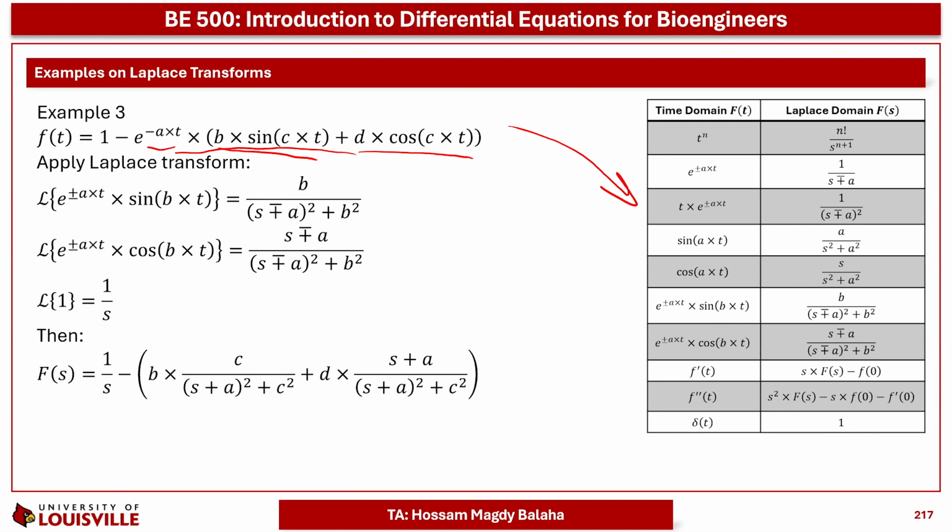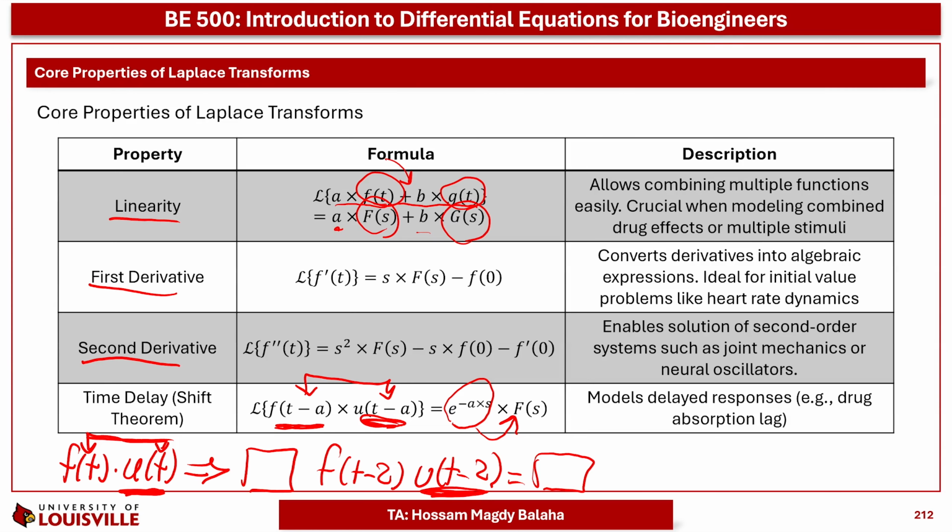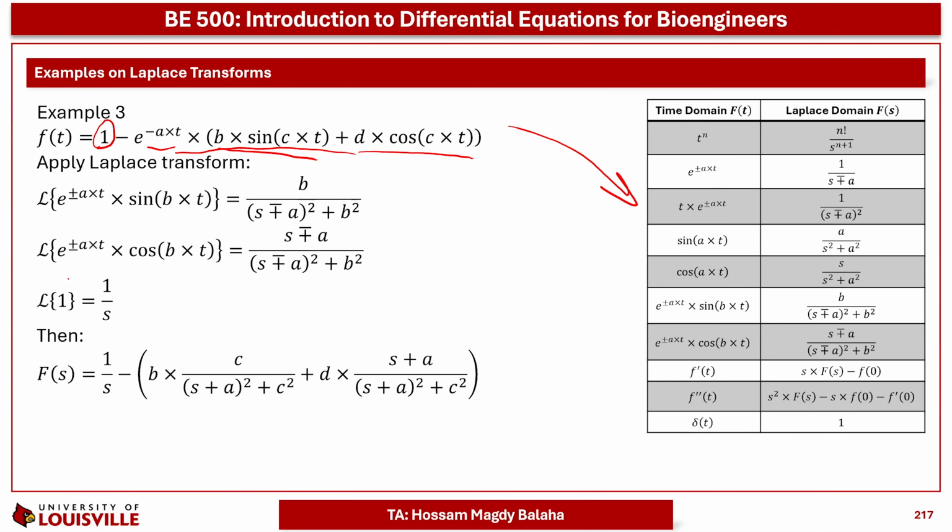Let's take it one by one. The 1 can be taken individually. Why? Because we mentioned a while ago a rule called linearity, which means if we have pluses and minuses, then we can take each part individually. So we take 1 and apply Laplace, and it will be 1 over s.